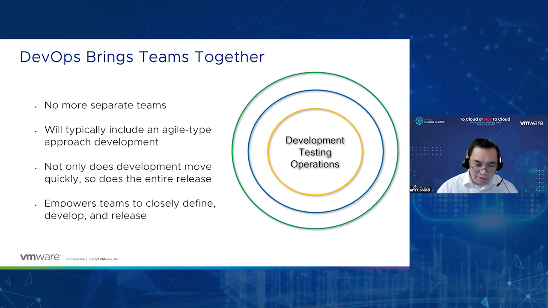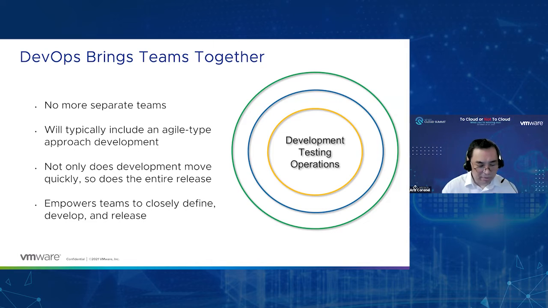And the DevOps team does it all. Now, Agile and DevOps are not the same, but they typically go hand in hand, right? Agile is a development methodology, while DevOps is a cultural shift. It's a way of thinking about an overall application lifecycle.